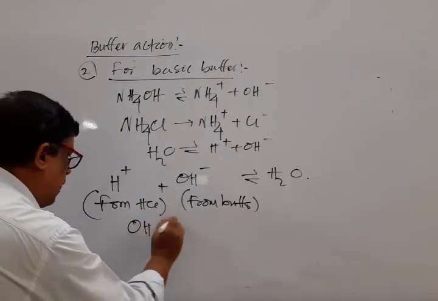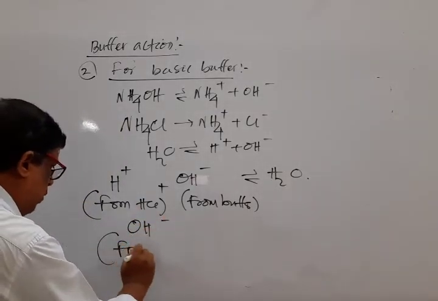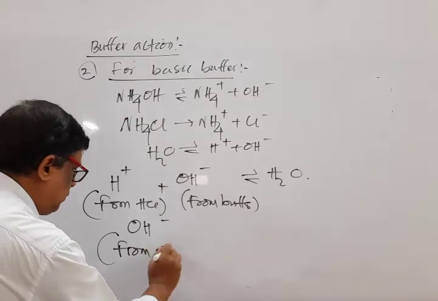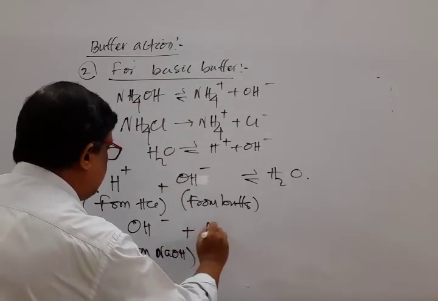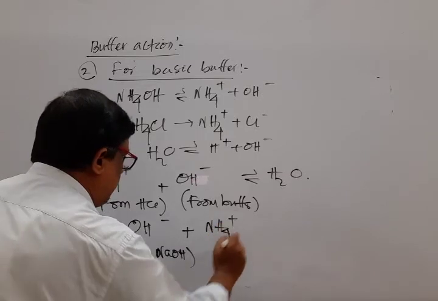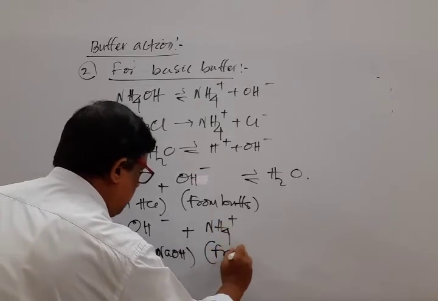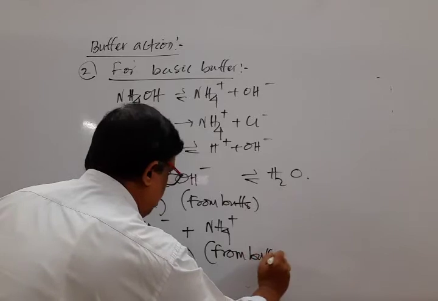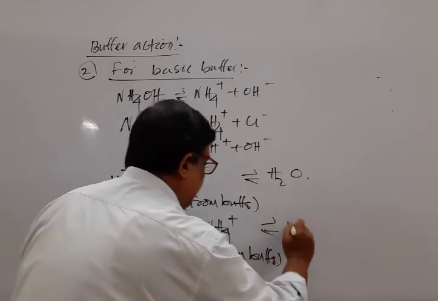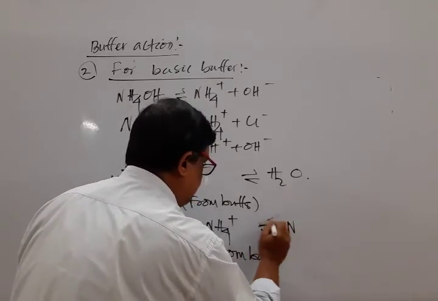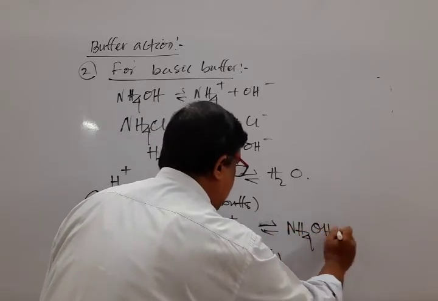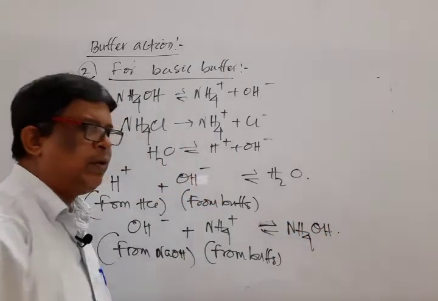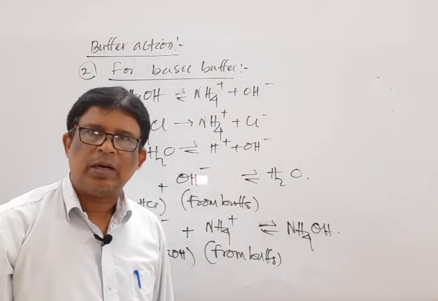Then the OH⁻ ion from NaOH combines with the NH4⁺ ammonium ion from the buffer, forming weakly ionized ammonium hydroxide, keeping the pH constant.